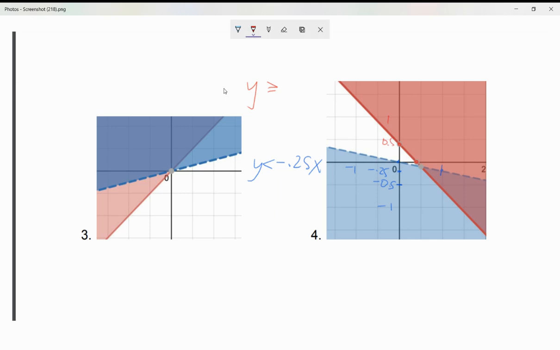Let's just estimate it's 0.5. It goes down 0.5 and then across 0.5, so negative 0.5 over 0.5 simplifies into -1. So y is greater than or equal to -1x, basically. That's what it's saying.